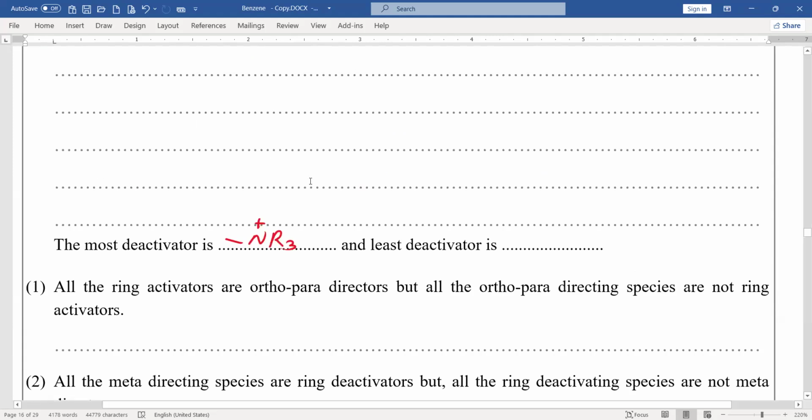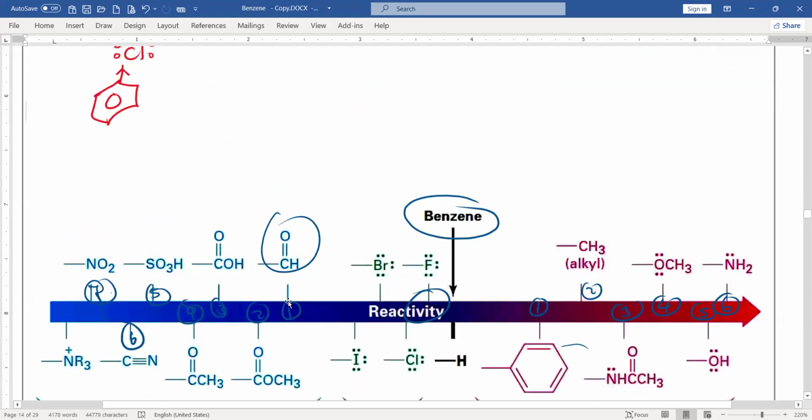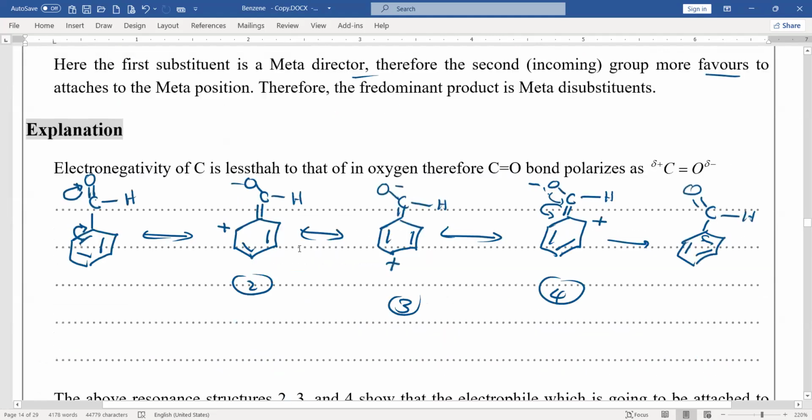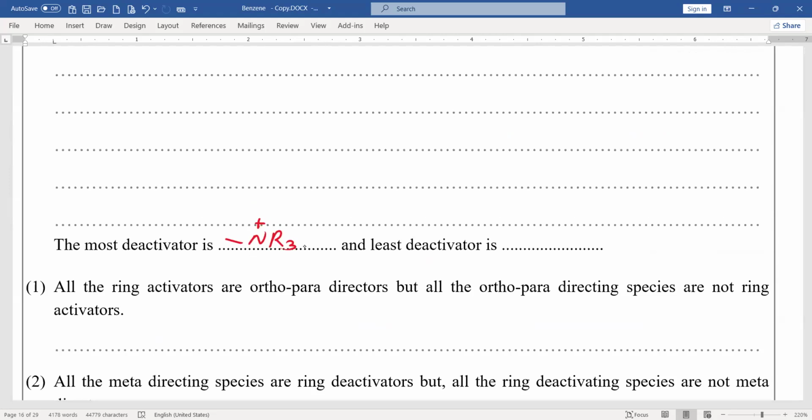And according to the given things here, this is the least deactivation, when the aldehyde group is attached to the benzene ring, like this.